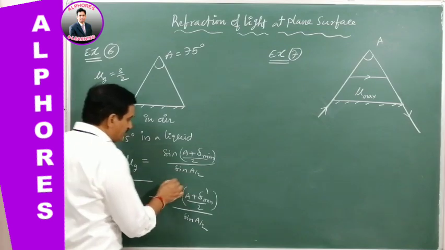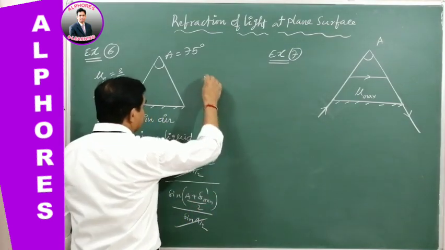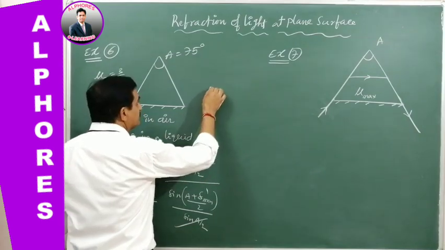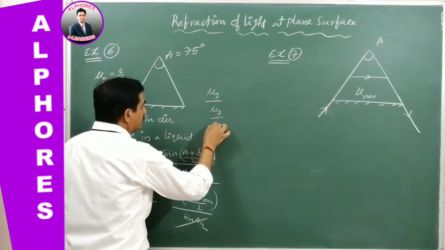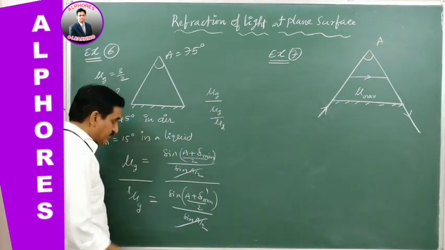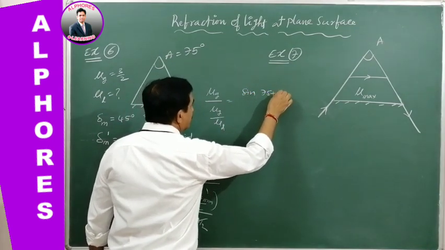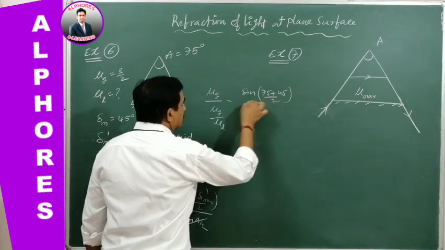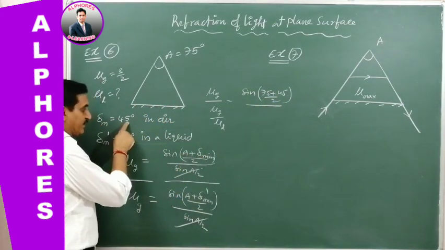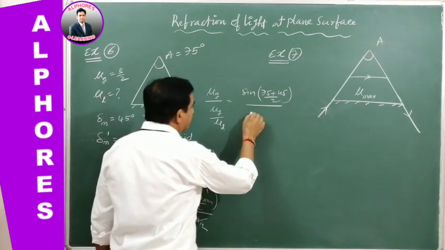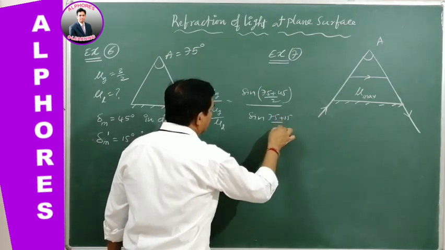Just taking the ratio of these two, the sine A by 2 terms get cancelled. Now simplify this. Here mu glass by mu liquid, because it is the relative refractive index, is equal to sine of (75 plus 45) by 2 divided by sine of (75 plus 15) by 2.